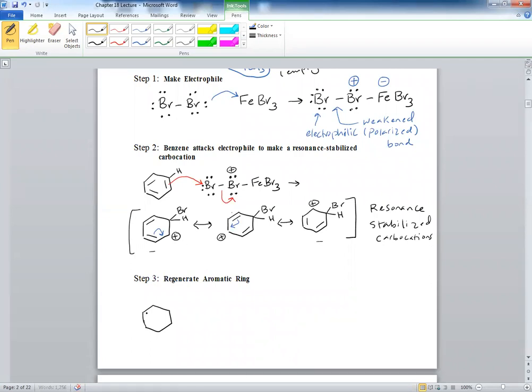So we have, let me just modify this a bit. Now you need a base here, and you do have a base. So your book has this step, which I agree with.